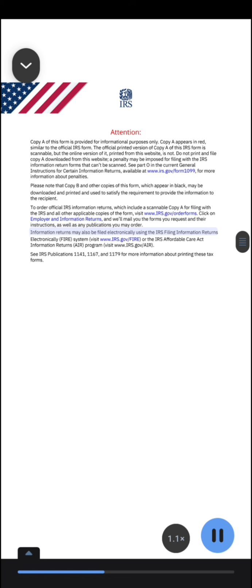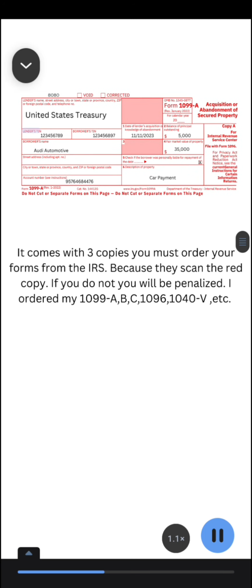Information returns may also be filed electronically using the IRS Filing Information Returns Electronically (FIRE) system, visit www.irs.gov/fire, or the IRS Affordable Care Act Information Returns (AIR) program, visit www.irs.gov/AIR. See IRS Publications 1141, 1167, and 1179 for more information about printing these tax forms.